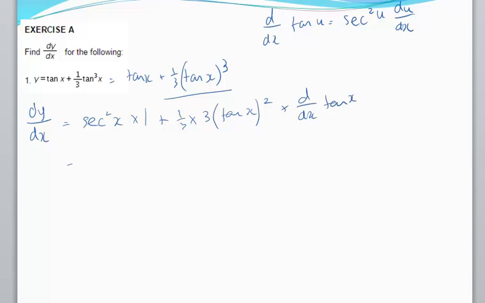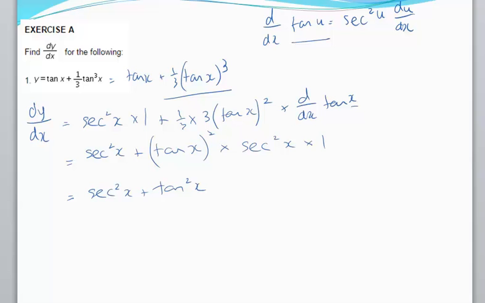So this becomes sec squared x plus a third by 3 just gives us tan squared x, we'll keep it in this format at the moment, multiplied by, we want to differentiate our tan of x, so using this equation up here again, will become sec squared x multiplied by differentiating our x becomes 1. So it ends up being sec squared x plus tan squared x multiplied by sec squared x.